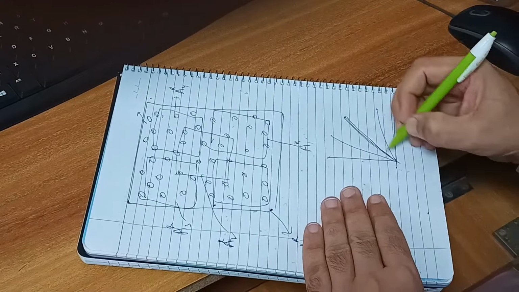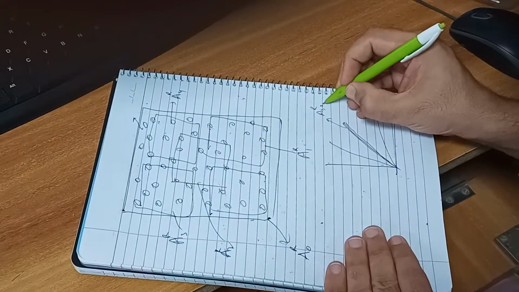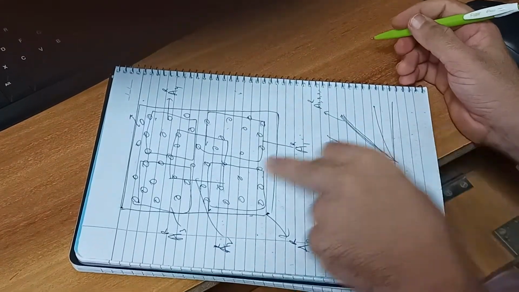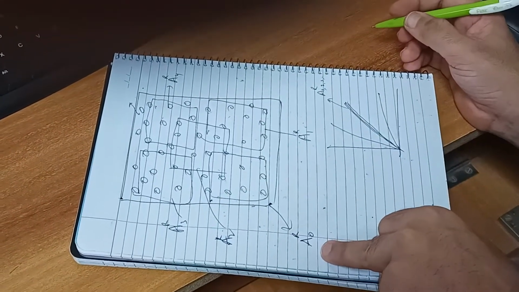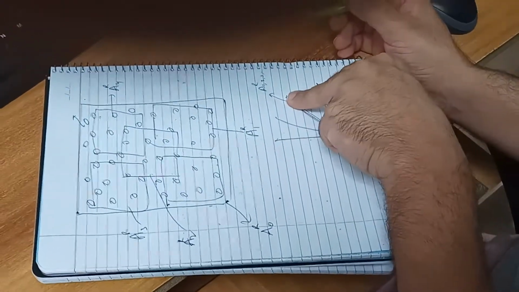So all these areas are AR, and different one, two, three, four. They are here. So now no matter where you take this area, you will get this property.